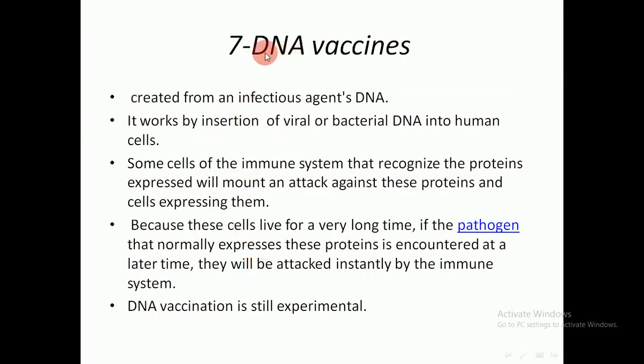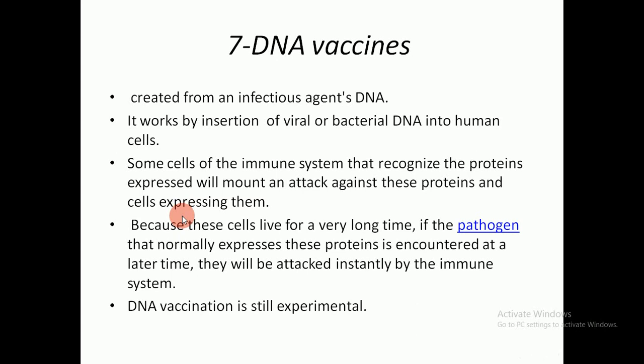Another type of vaccine, the DNA vaccine, is created from infectious agent DNA. It works by insertion of viral or bacterial DNA into a human cell. Some cells of the immune system that recognize the proteins expressed will mount an attack against these proteins and the cells expressing them.